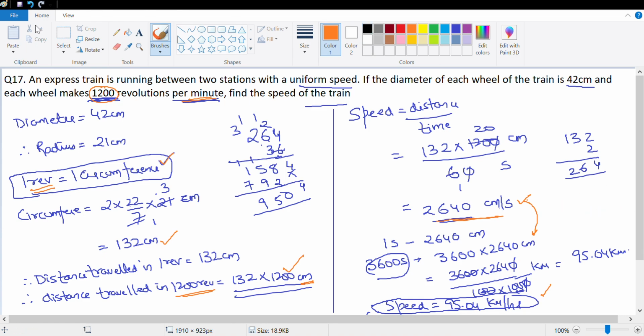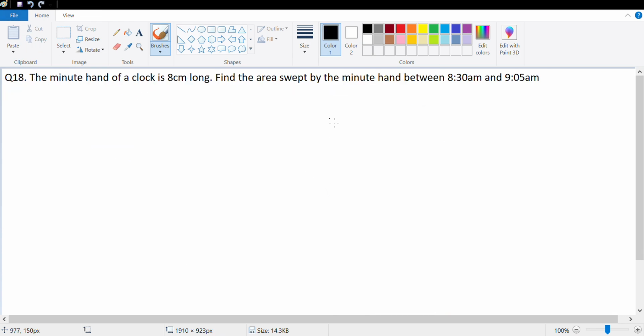Perfect. Let's look at the next question. Next question that we do is question number 18. Question number 18 says, minute hand of a clock is 8 centimeter long. So basically we are looking at a circular clock, and the minute hand is 8 centimeter long, which means the radius is 8 centimeter.